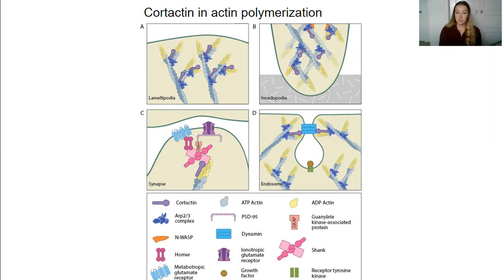Cortactin phosphorylation through the kinase is necessary for invadopodia formation, which is mediated by cortactin. Tyrosine kinases promote the cell migration through the phosphorylation process of cortactin.